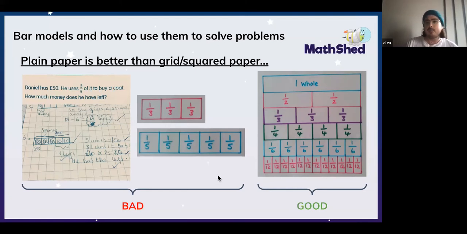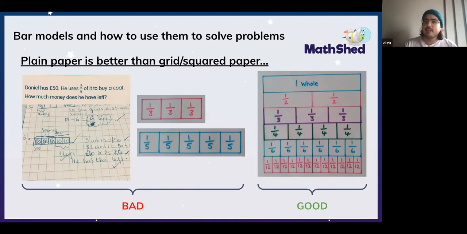And also we'll see a lot of the examples I'm going to show as we go on now, like fractions of amounts, percentages. Quite a lot of bar modeling is based in this sort of fractional thinking.